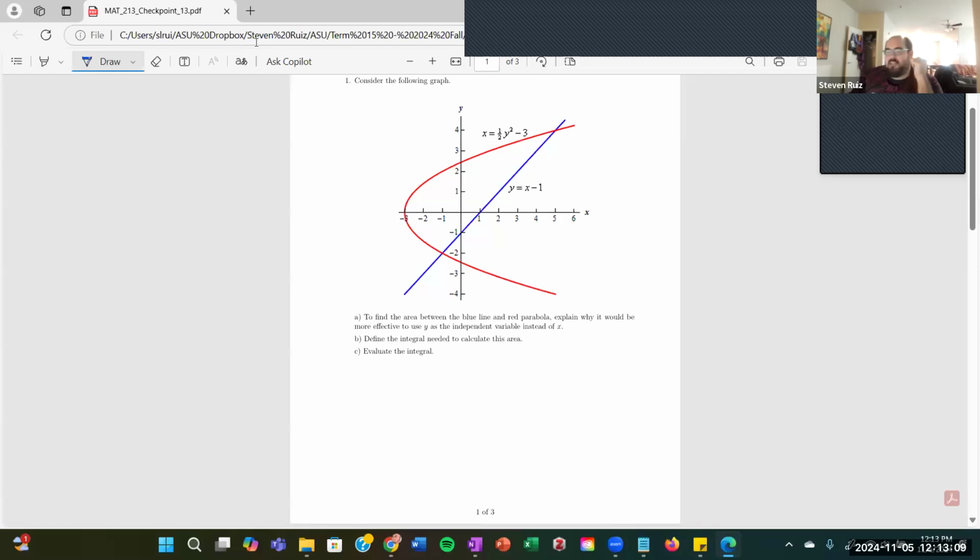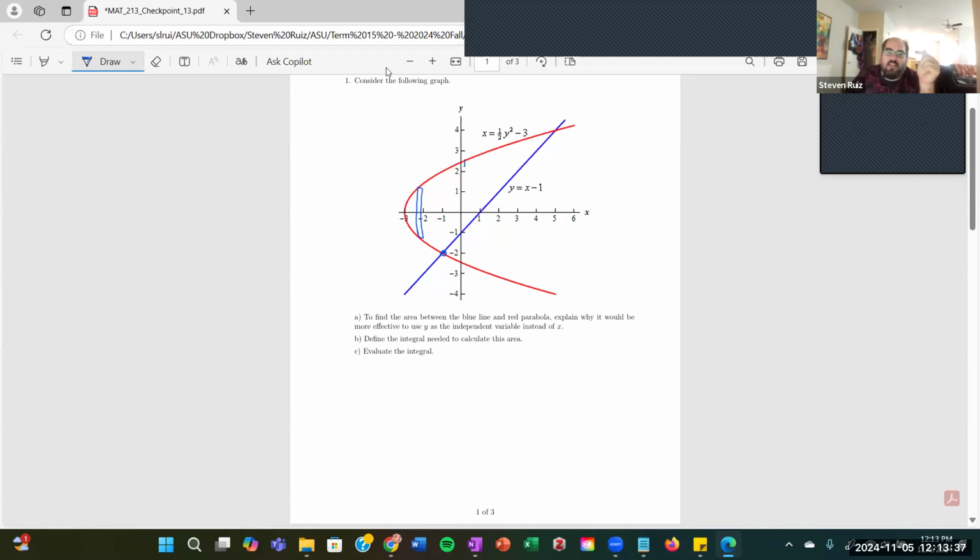So let's think about this. If we were to set up this integral in terms of x, let's think of what those dx rectangles would look like. If I did those dx rectangles to the left of this crossing point, then I'm going to have one integral that compares the height of this curve to itself.